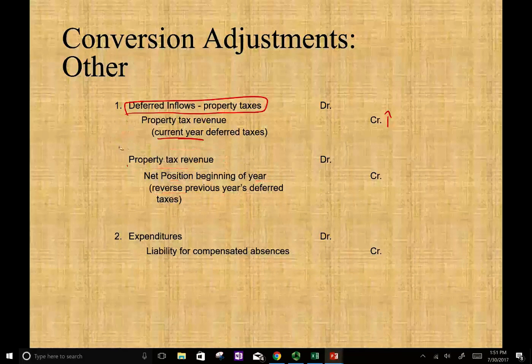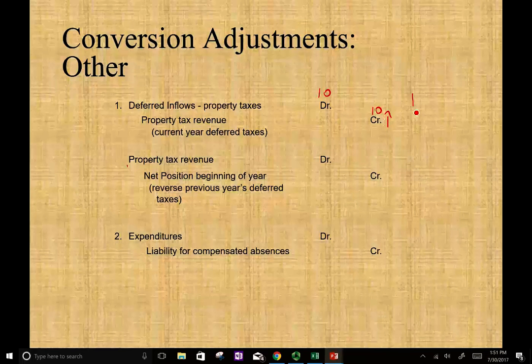Simply put, let me give you a quick example here. Let's assume this year we debited deferred inflow of 10, credit property revenue of 10. Now this is this year. Next year, we're going to have to debit property revenue of 10 and increase net position of 10. Why?